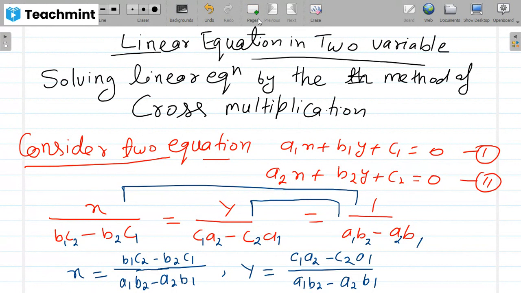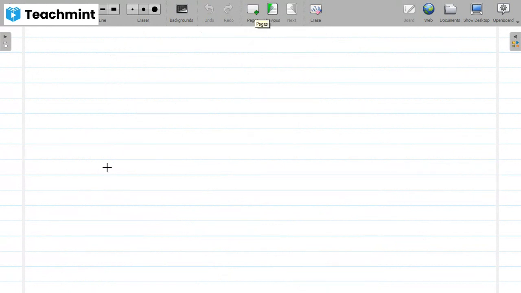And if you want to use another method for solving using cross multiplication, then write in the place of x, there are b1 b2, c1 c2. In the place of y, there are a1 a2, and in the place of 1, there are 1, and write down b1 b2.